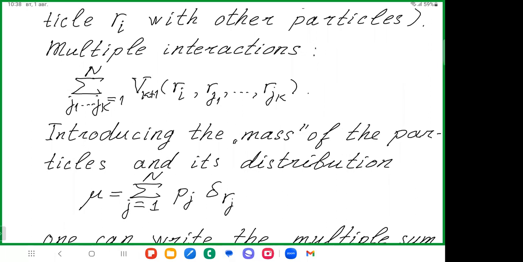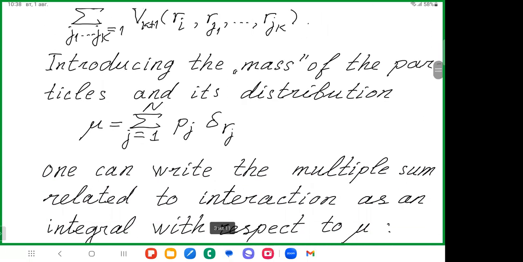One can suppose that each particle have its own weight, p_j, and then one can introduce the measure. We yesterday have seen such measures. This is a discrete measure concentrated in the point where particles are located, and having the weights p_j in this point.